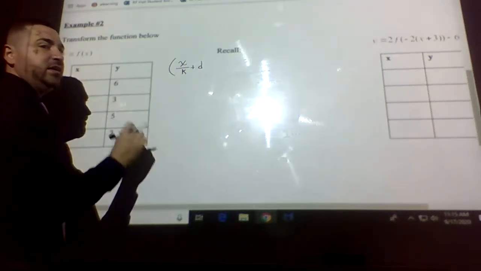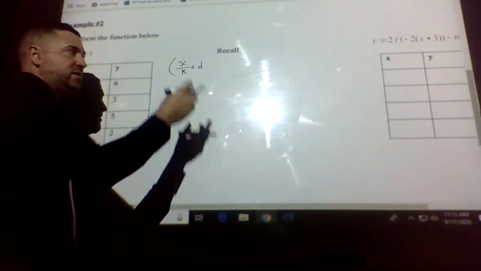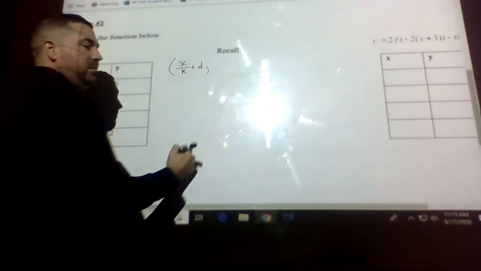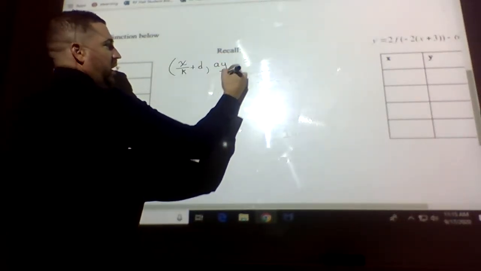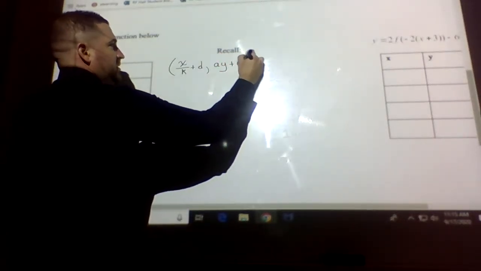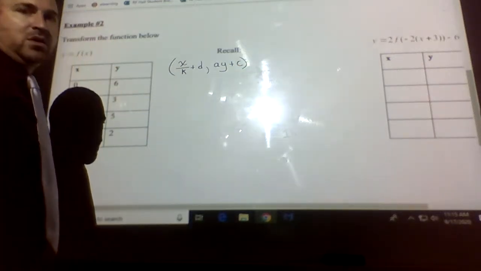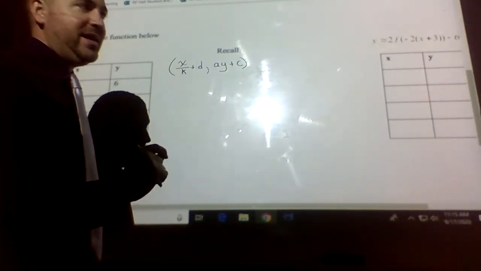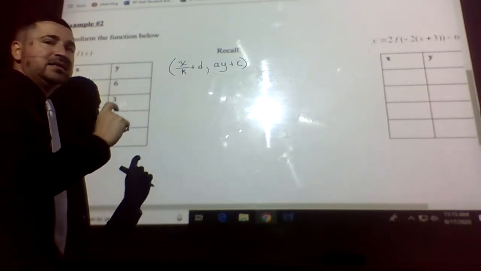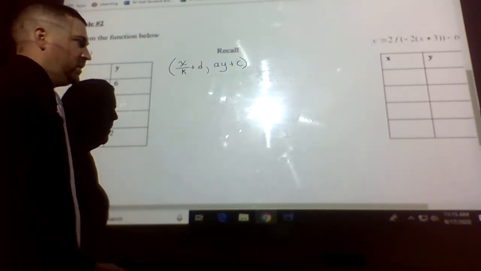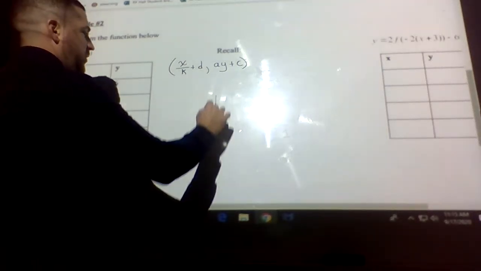Remember the k and the d affect the x values, what I said earlier. And then to deal with the y's, it's a times y plus c. So x divided by k plus d, and then a times y plus c.